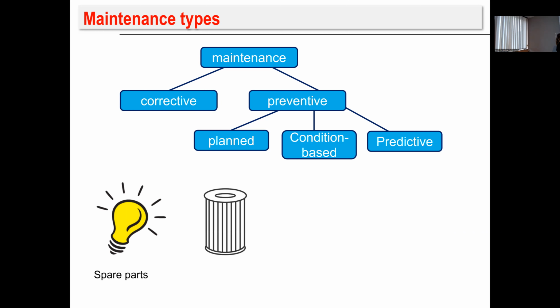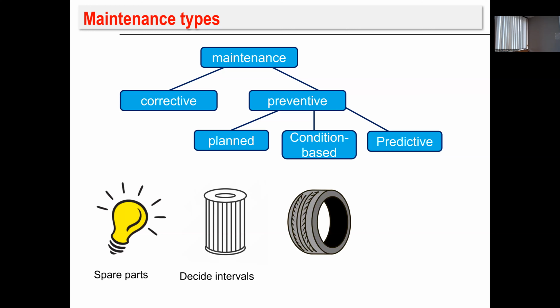Then there is planned maintenance. This is what you do, for instance, with the filters in your car. The maintenance handbook of your car states after 25,000 kilometers, replace your filters. This is planned, and the question is then to decide on the maintenance intervals. How many kilometers, how many hours can your filters stand before they degrade and need to be replaced? So that's planned maintenance, with fixed maintenance intervals.